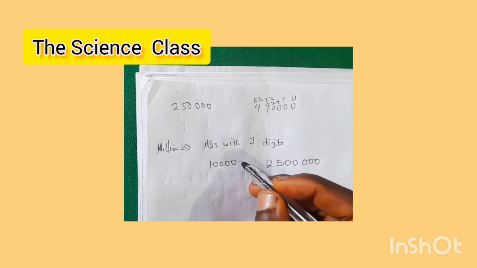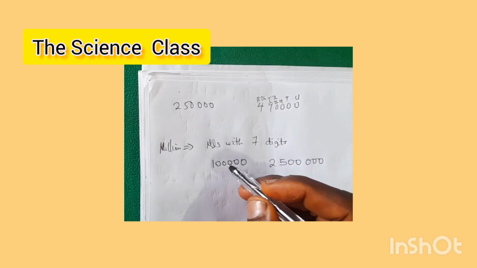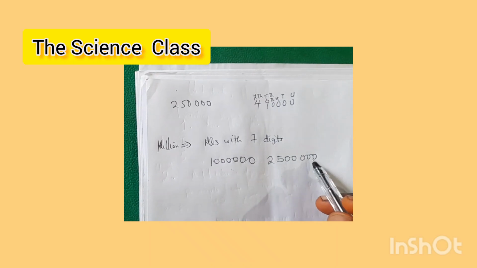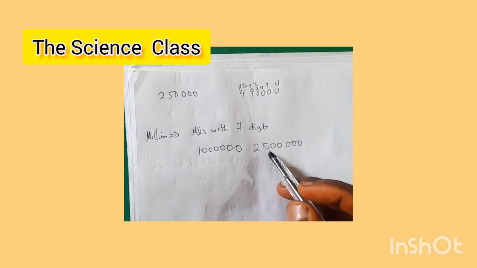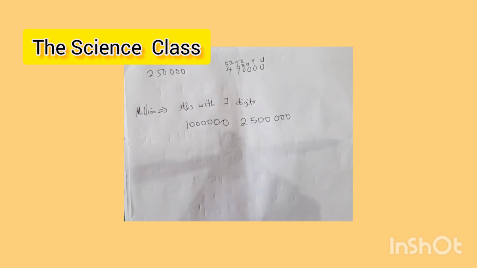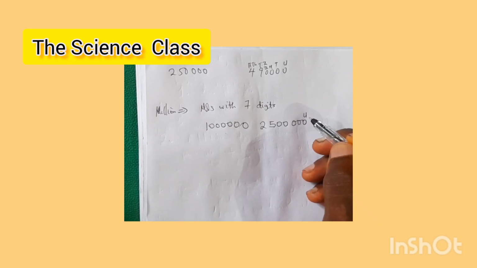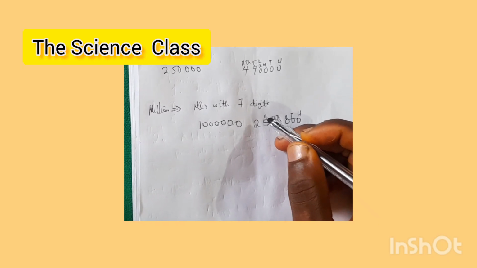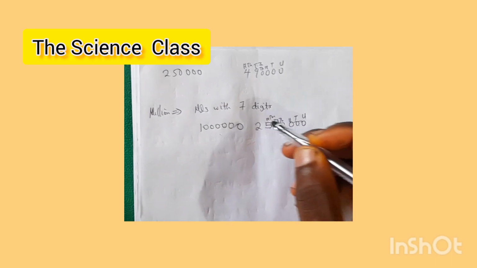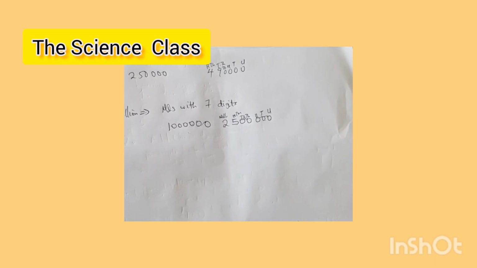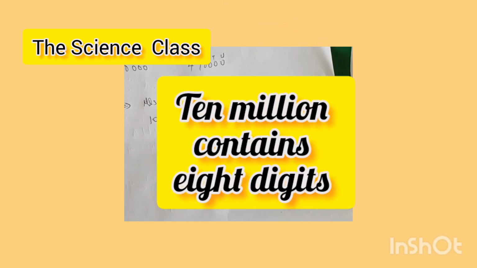This is 1,000,000, 7 digits: 1, 2, 3, 4, 5, 6, 7. This is 2.5 million, 2,500,000. And you count it as so: units, tens, hundreds, 1,000, 10,000, 100,000, and million. So this is how to go about the principle.